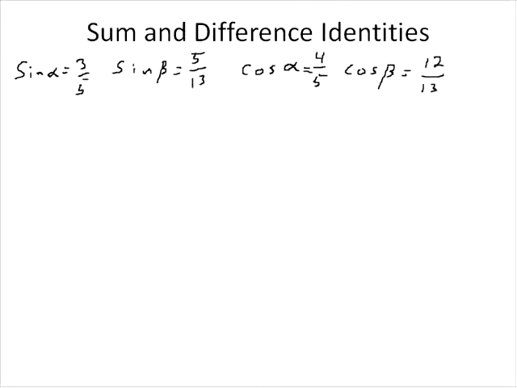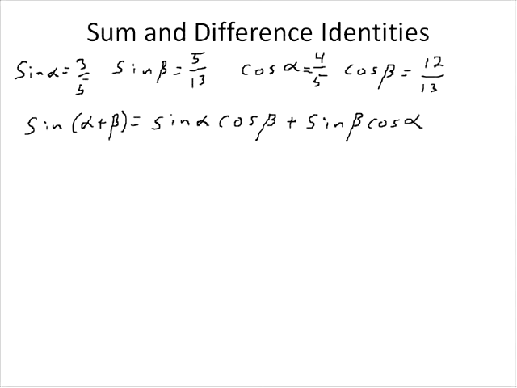So we know all this stuff. Now I'd like to find the sine of alpha plus beta. But from our identity, we know that this is just the sine of alpha times the cosine of beta plus the sine of beta times the cosine of alpha.